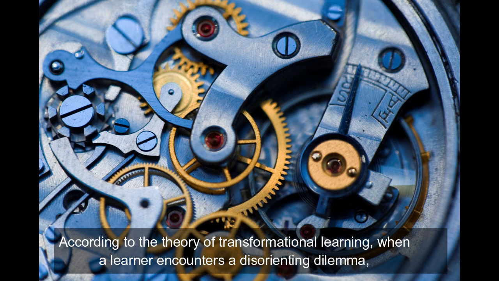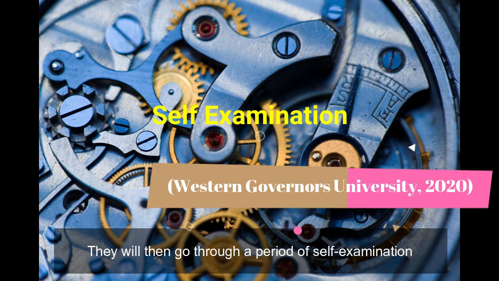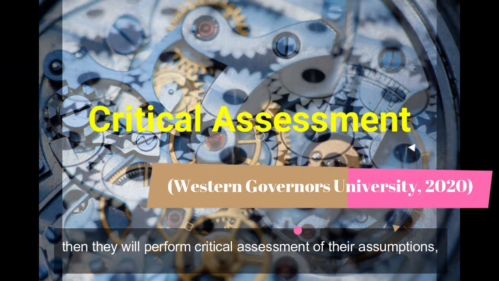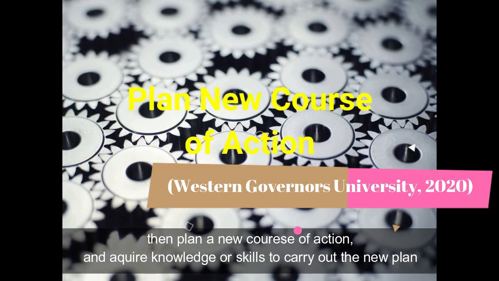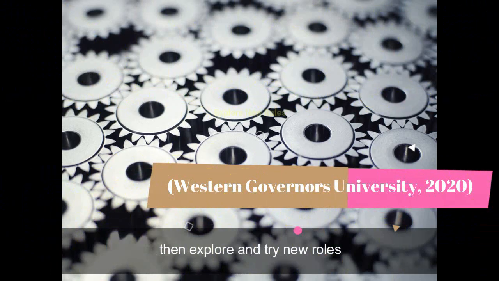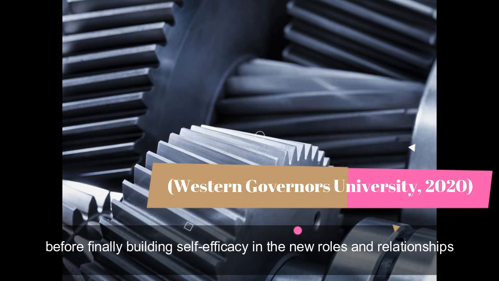According to the theory, when a learner encounters a disorienting dilemma, they will then go through a period of self-examination, then they will perform critical assessment of their assumptions, then plan a new course of action, then acquire knowledge or skills to carry out the new plan, then explore and try new roles, before finally building self-efficacy in the new roles and relationships.